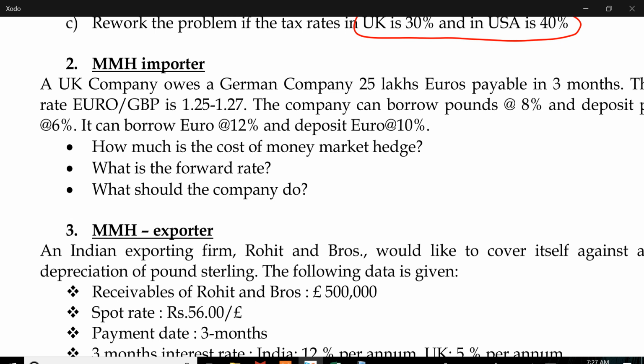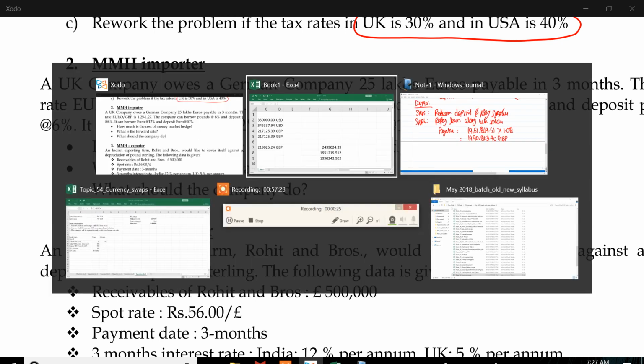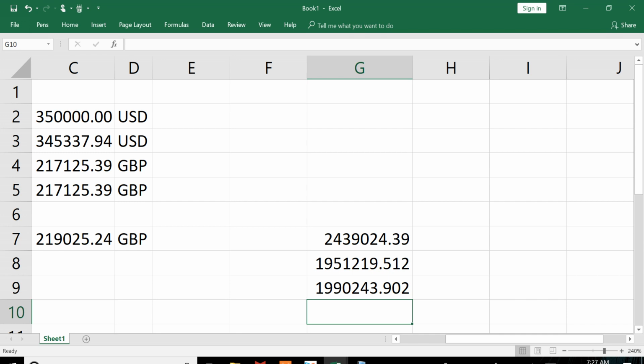Now, the expected forward rate, underline that. 25 lakh euros equal to GBP 19 lakh 90,243.90.